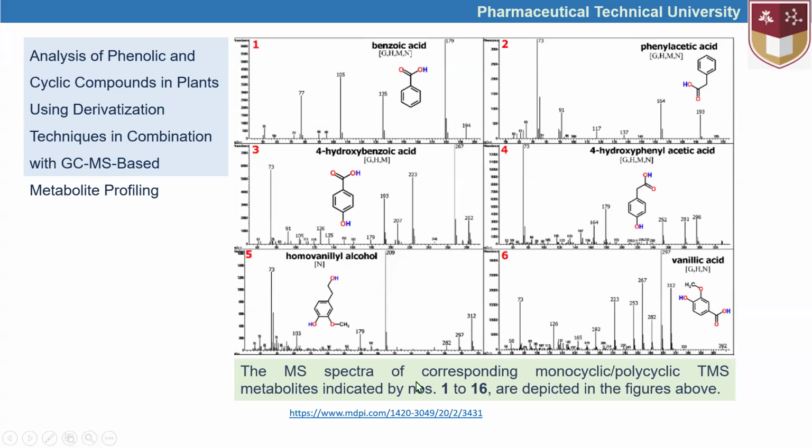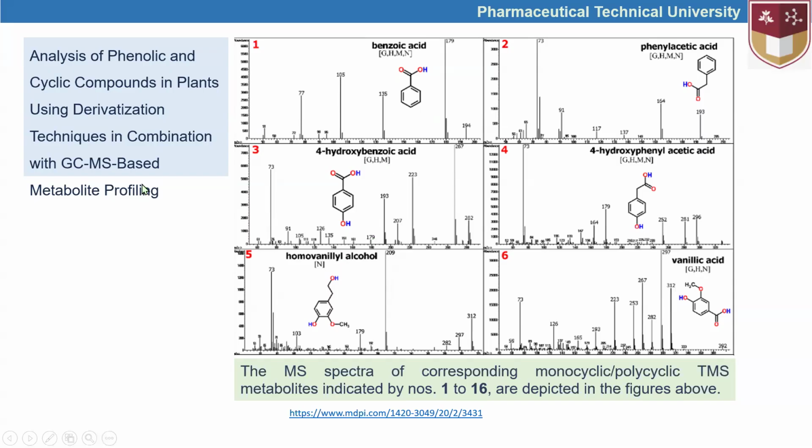These are the mass spectra of corresponding monocyclic and polycyclic TMS metabolites indicated by 1 to 6 were depicted in the photo here. Yeah, 1, 2, 3, 4, 5, 6, not 1 to 16, 1 to 6.